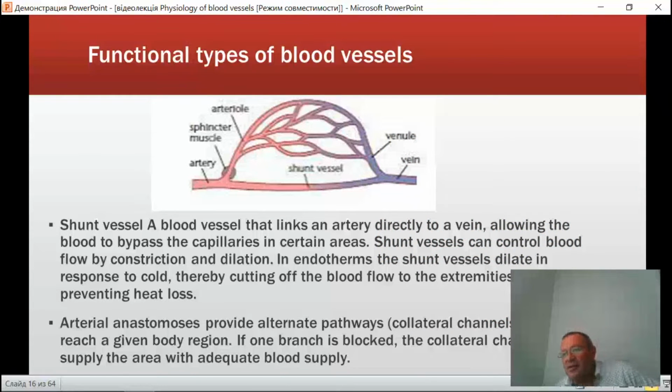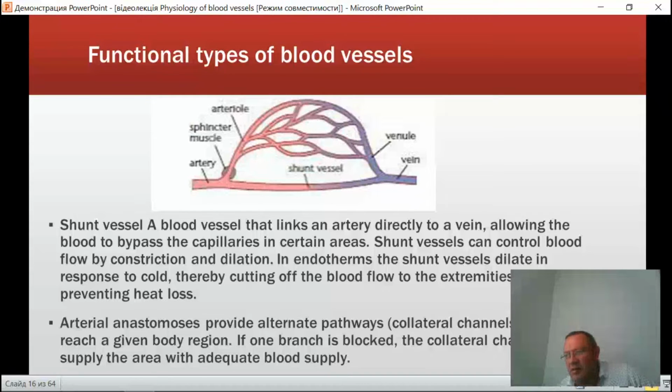Next type of vessels are shunt vessels, blood vessels that link an artery directly to a vein, allowing the blood to bypass the capillaries in certain areas. Shunt vessels can control blood flow by constriction and dilation.